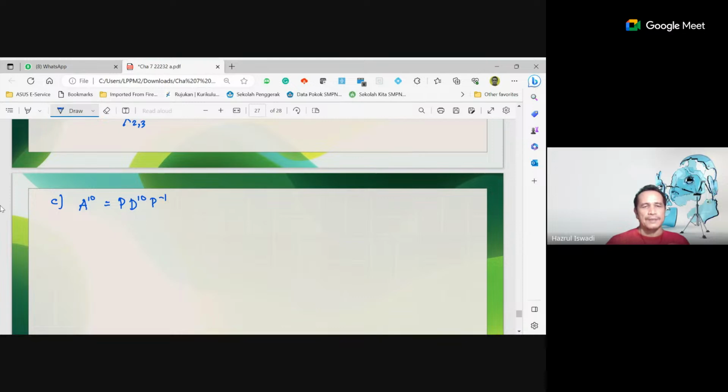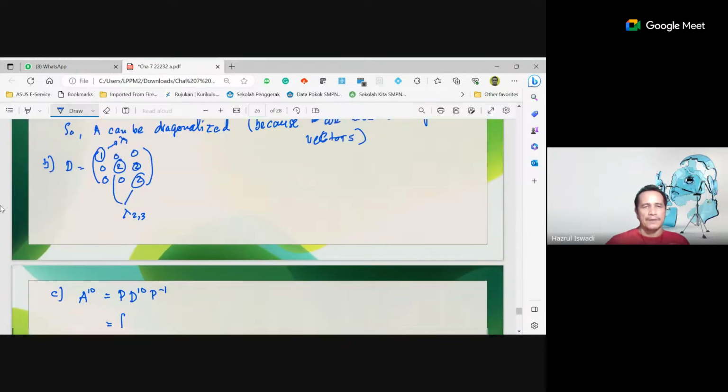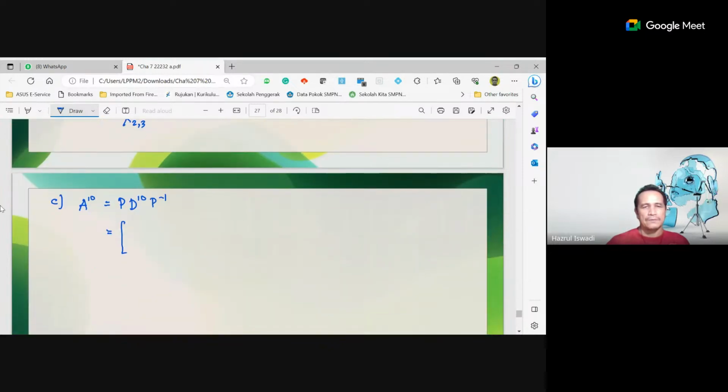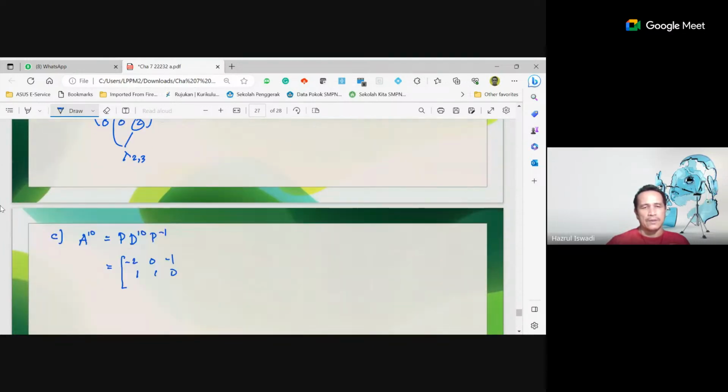P is what we have known, the matrix with columns (-2, 1, 1), (0, 1, 0), and (-1, 0, 1). The diagonal is 1 to the power of 10, 0, 0, 0, 2 to the power of 10, 0, 0, 0, 2 to the power of 10, multiplied by P inverse.